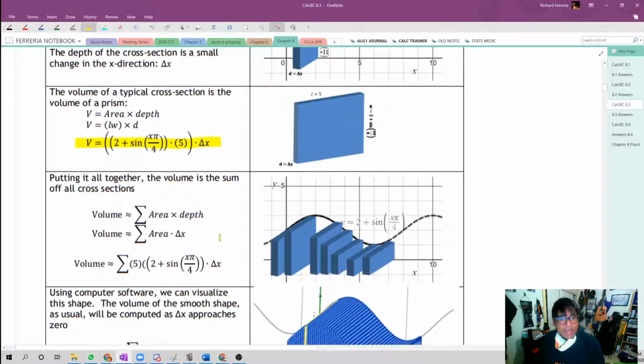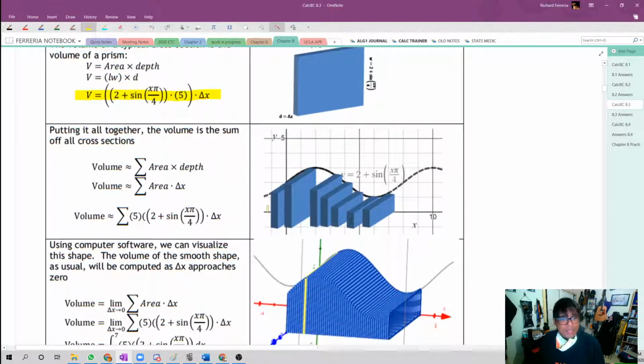Now, if we put it all together and stack up all of these and add them all together, then what we would say is that the volume is about equal to all the areas multiplied by all their depths just added together.